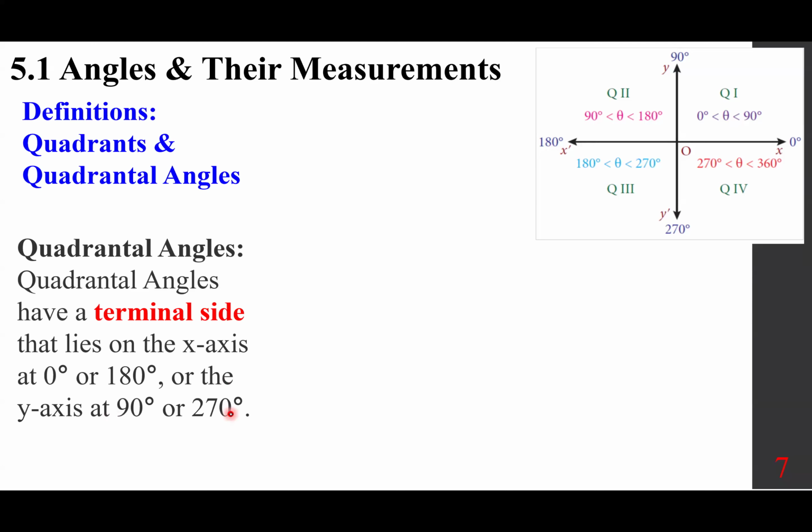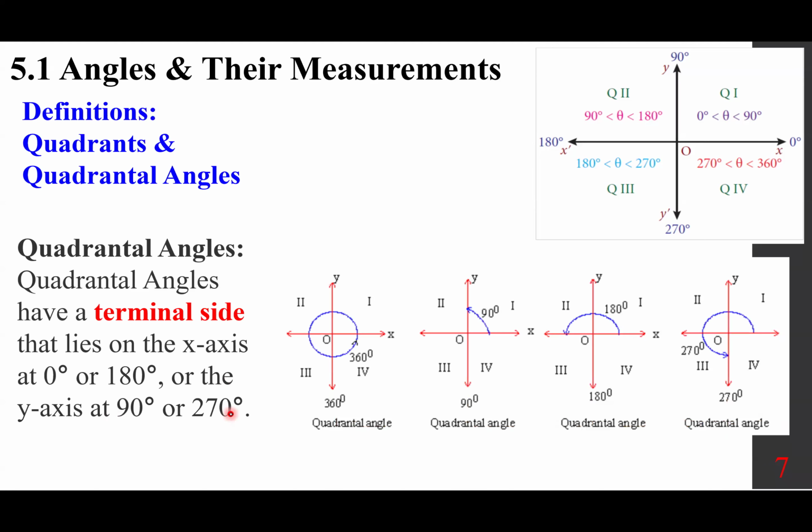So the terminal side is on the x or y-axis, positive or negative. If we look at this one, you can consider 0 or 360 degrees. This one, 90 degrees. This one, 180 degrees. This one, 270 degrees. All of them are considered quadrantal angles.